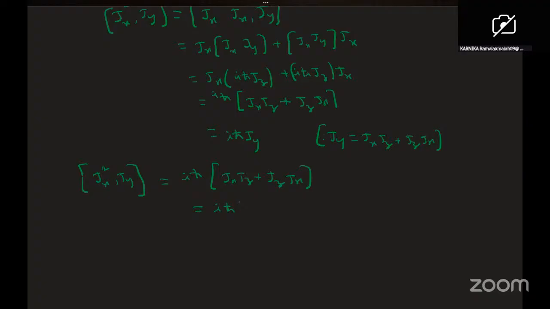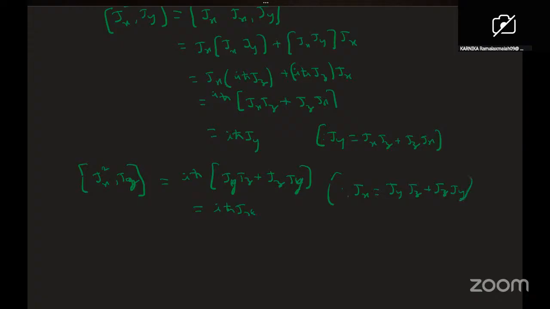I think this is a mistake. Here Z should also be Y. I think this is a Y. Also Y. Okay. So here Jx. Understood? So similarly, this is also Jx is equal to Jy Jz plus Jz Jy.